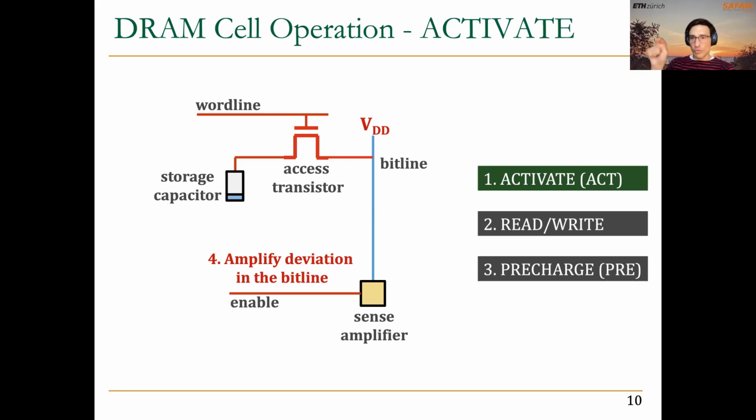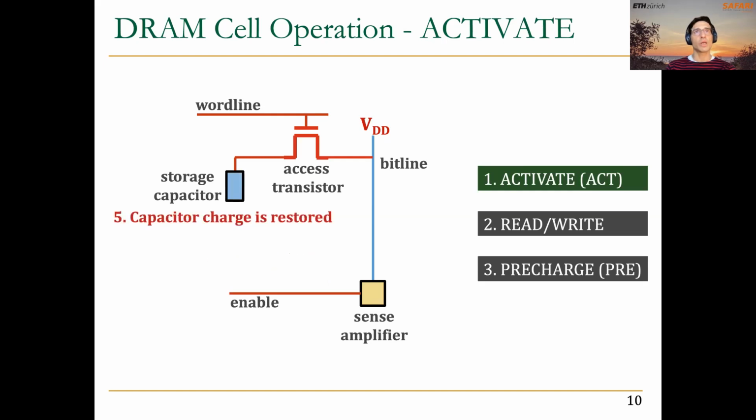However, if the perturbation was negative and the voltage of the bit line was below half VDD, then the amplification would cause the bit line to go to 0 volts. In this specific example, it goes to VDD, as you can see.